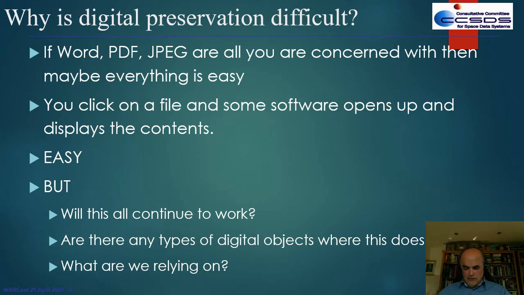If this always works, and if we can be sure that it will always work, then there's no problem, except to make sure we do not lose the bits. But we all know that we must expect there will be other problems.